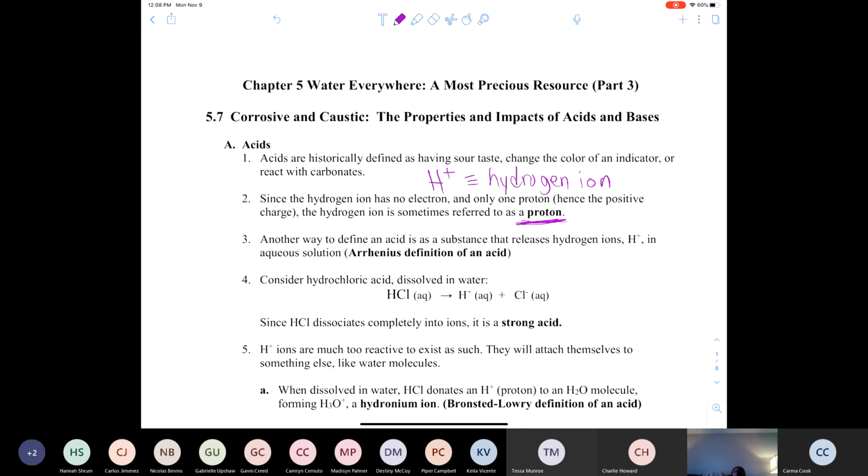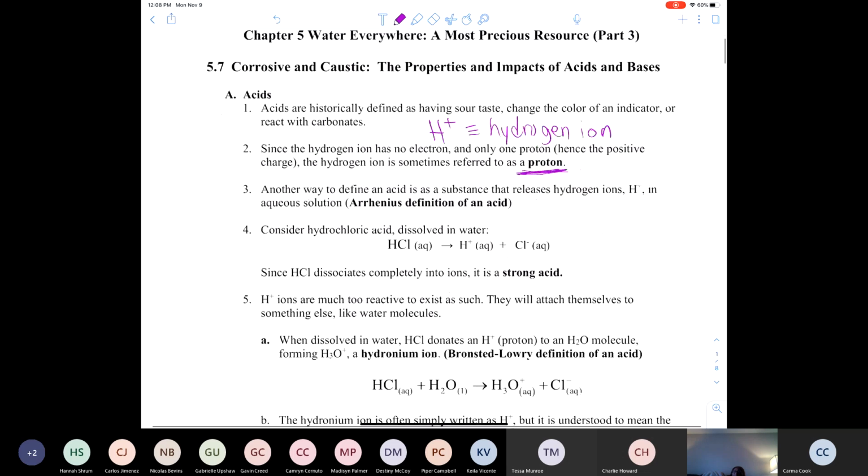And so one way to define an acid is that it's a substance that has the ability to release hydrogen ions in aqueous solution. And that's called the Arrhenius definition of an acid, named after the scientist who made that observation and therefore that definition.